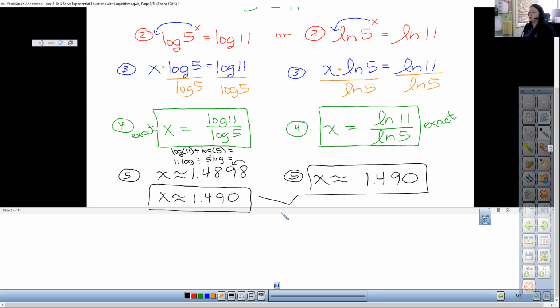So these are what we would consider the approximate solutions. These are the exact solutions.